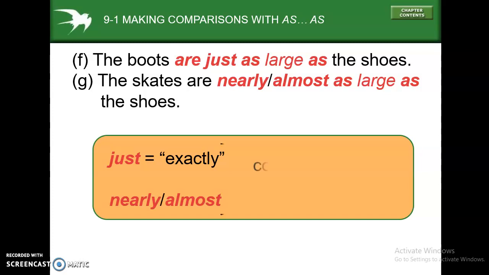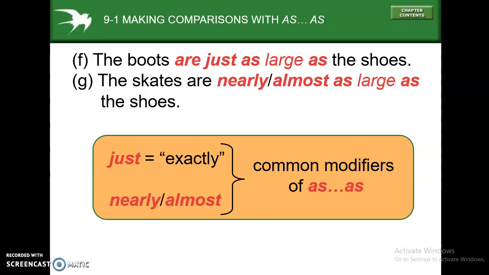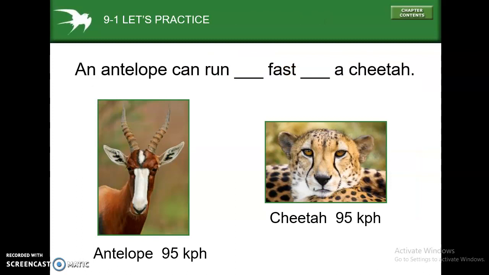So you can say that "just" is the same as "exactly". Use "as, adjective, as". And "nearly" and "almost" also use "as, adjective, as".